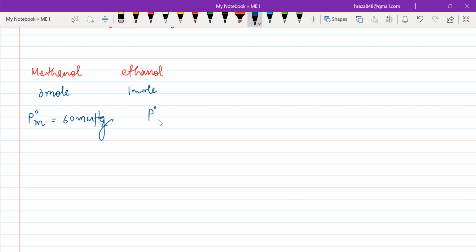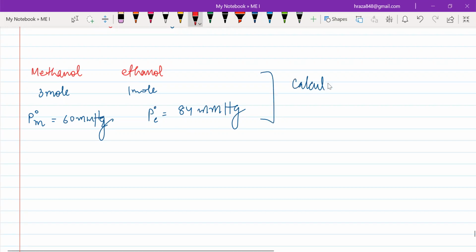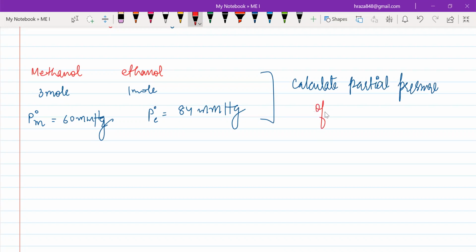And P naught E is equal to 84 mmHg. Calculate the partial pressure of methanol and ethanol, and also the total vapor pressure.